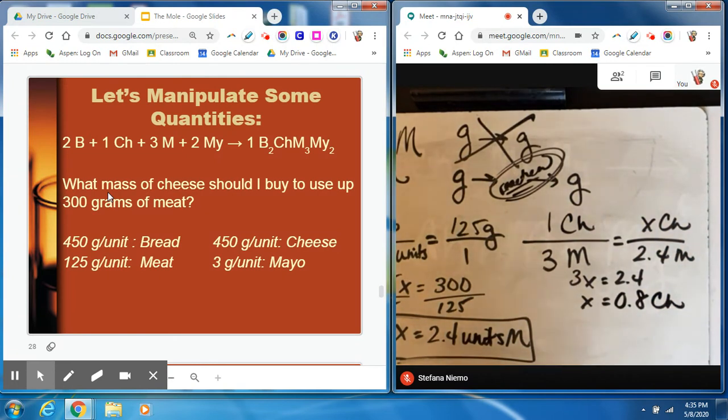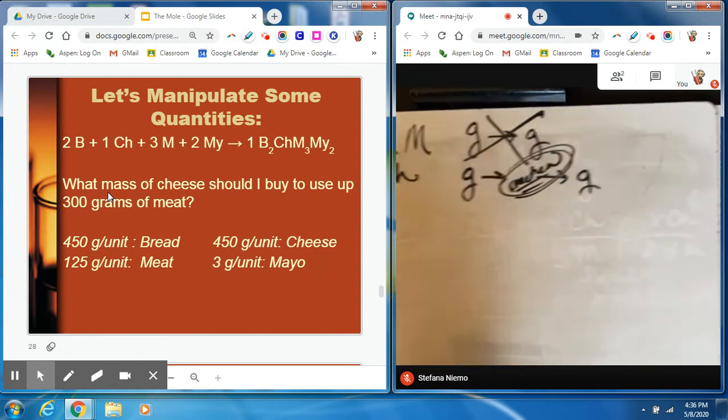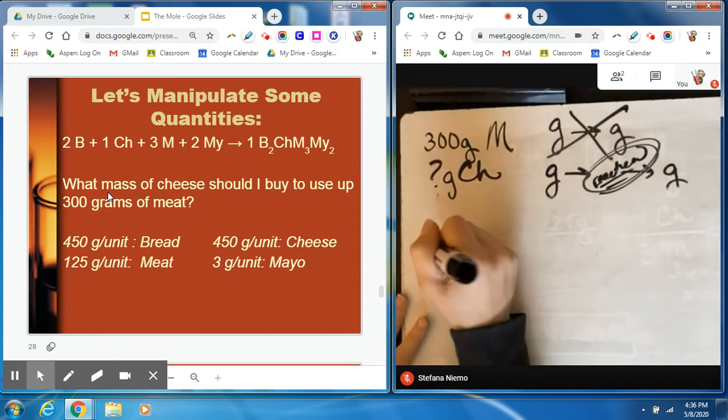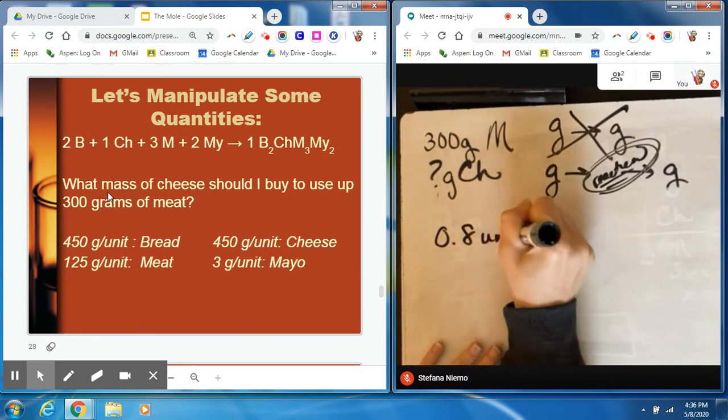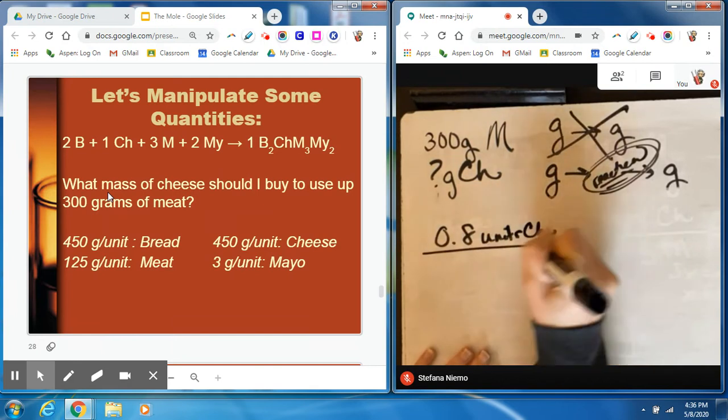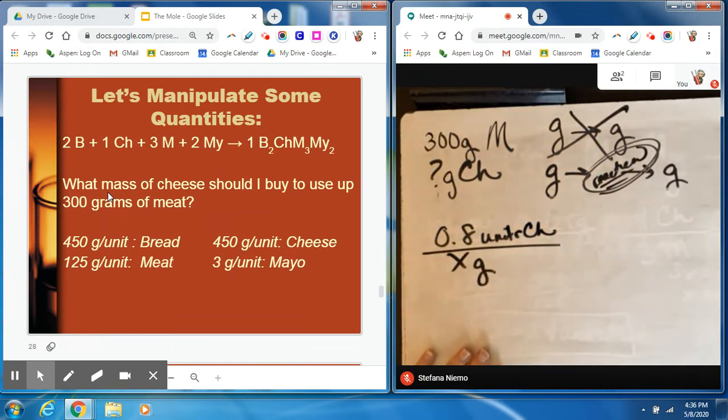But again, we can't go to the grocery store and buy 0.8 pieces of cheese. We have to buy it by mass. And this is where it takes one extra step. So if I have 0.8 units of cheese, how many grams is that?